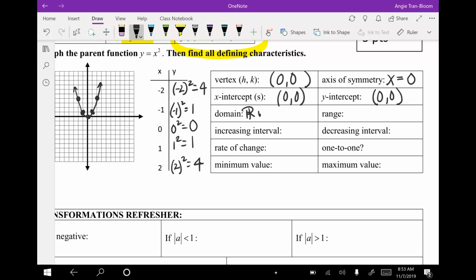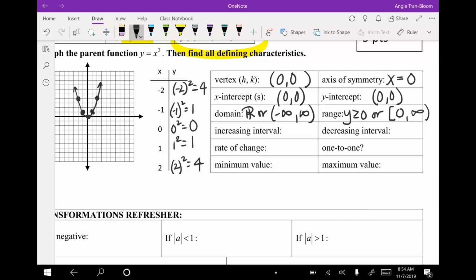You can also say from negative infinity to positive infinity. The range is y is bigger than or equal to 0. Or, how do we write it in interval notation? From 0 all the way to infinity, okay?